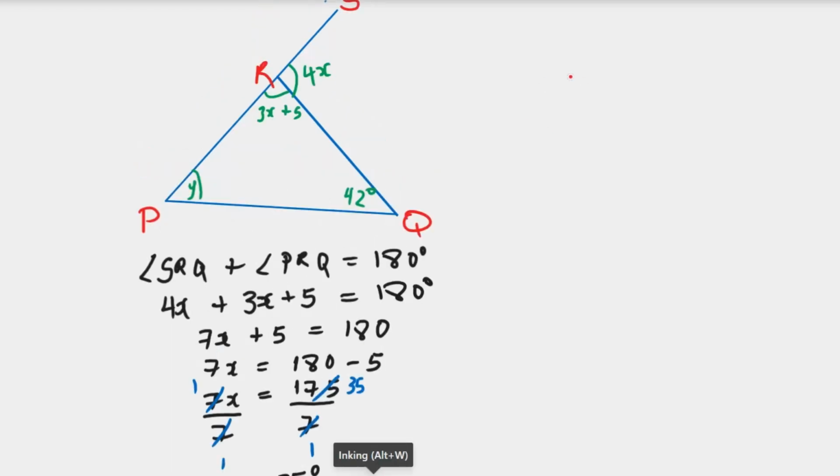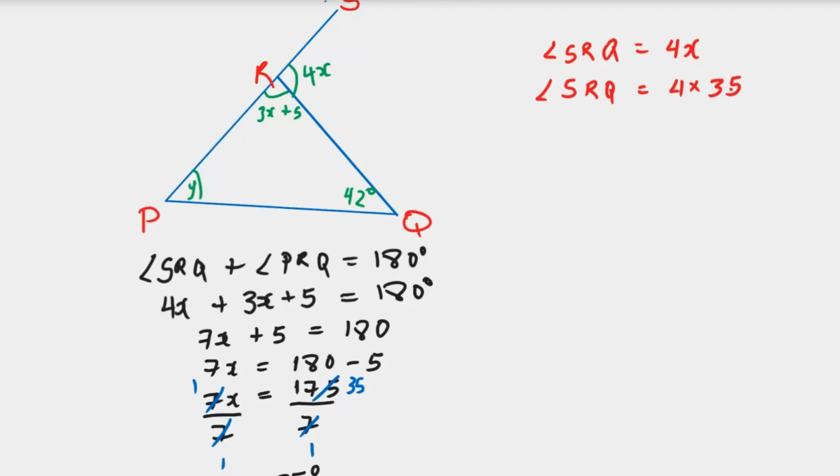How do we use this to find the value of y? Angle SRQ is the exterior angle, and that is equal to 4x. So now that we know the value of x, we can find this angle. That means angle SRQ is equal to 4 times 35.